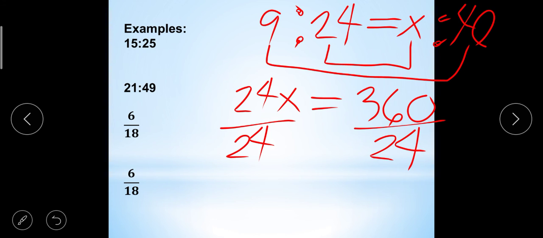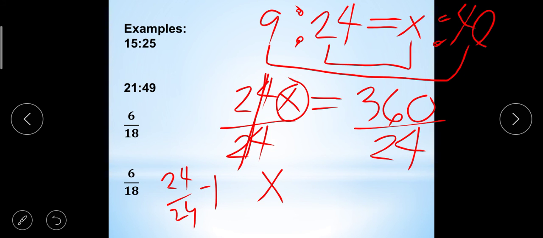So, 24x divided by 24 is 1x or simply x. Parang kinancel lang siya since pareho naman siyang 24. Pero in math kasi, pag 1 siya, hindi na natin siya isinusulat. So, simply, x na lang yung matitira.